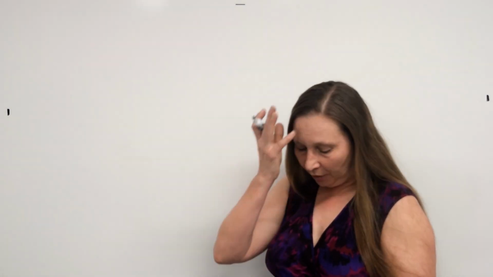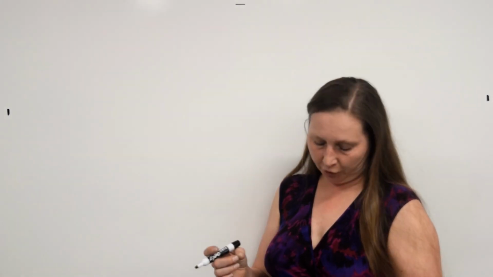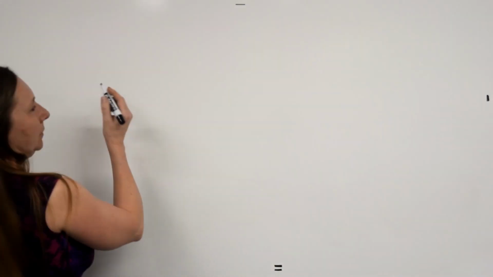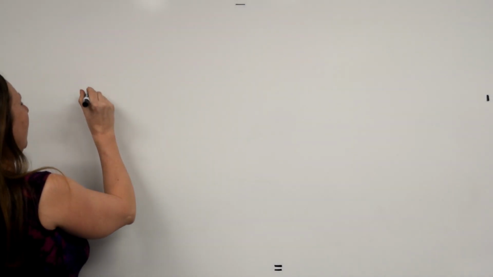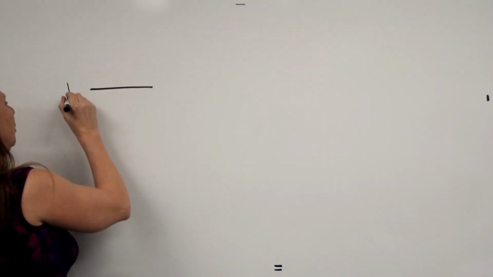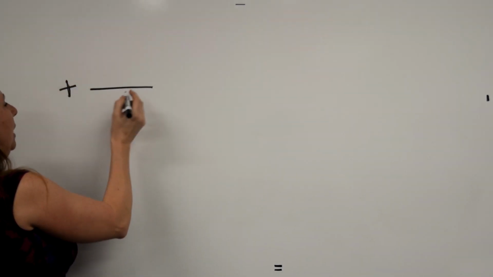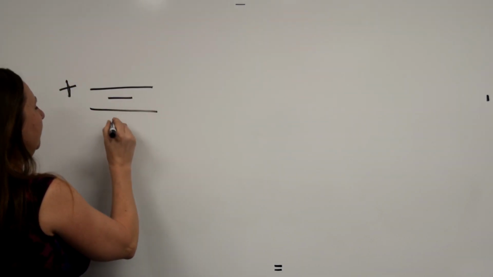So we stated that a circuit has to be closed. It has to start and end in the same place. Now, circuits in general start from the positive terminal of a source of electricity, like a battery, a wall outlet, a power supply, etc. So if I start drawing a simple circuit, here's the positive terminal of a battery, the longer line, positive, negative, positive, negative.